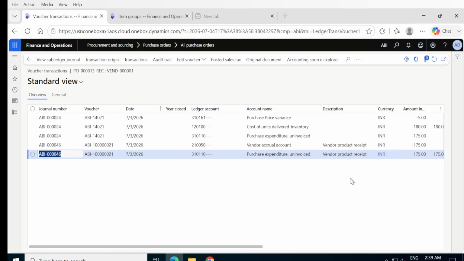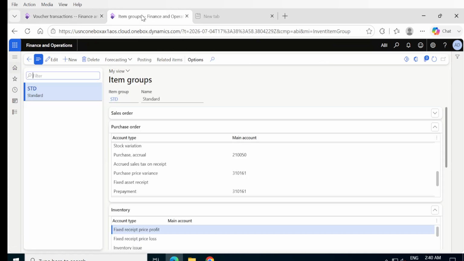So what we saw in this session is how the accounting entries are created and how to understand a sample accounting entry, how to decide which account has to be debited and which account has to be credited when you do it manually. But in FnO, we do that by setting it up in my item groups for the purchase order transactions.